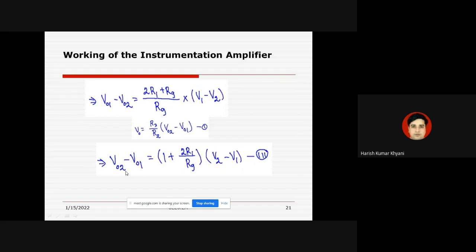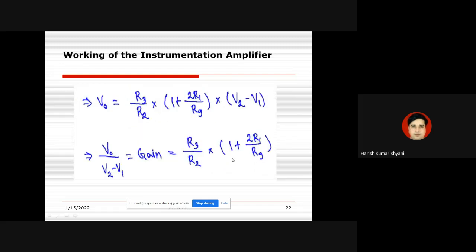Now V02 minus V01 will be equal to 1 plus... we have just rearranged the terms, and this is our third equation. So the output voltage expression would be R3 upon R2, times 1 plus 2R1 upon RG, times V2 minus V1.